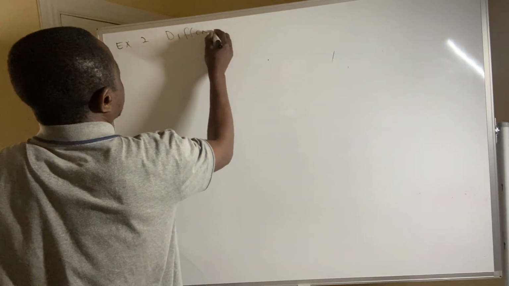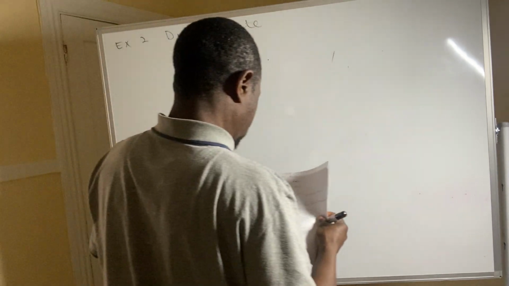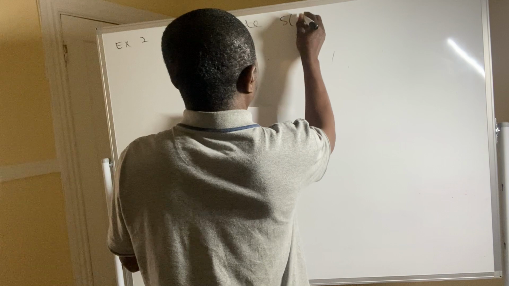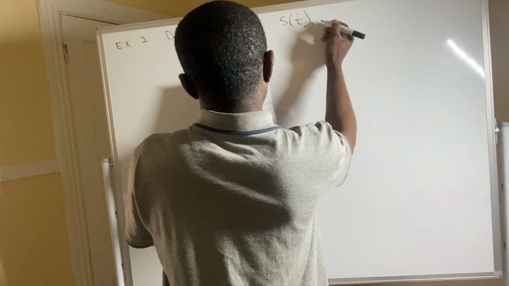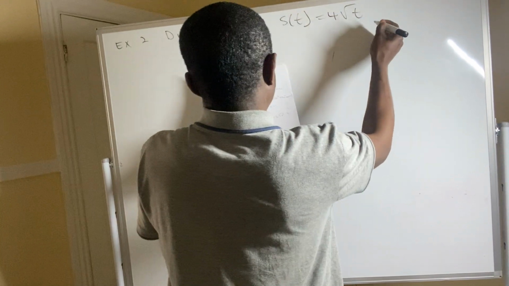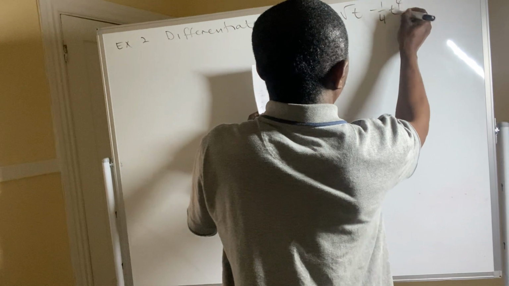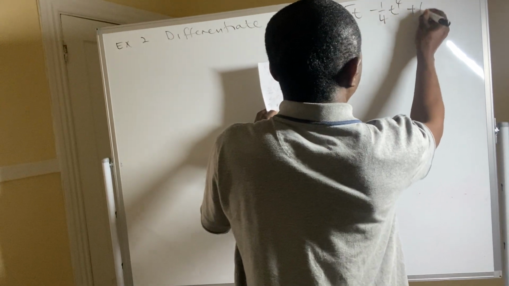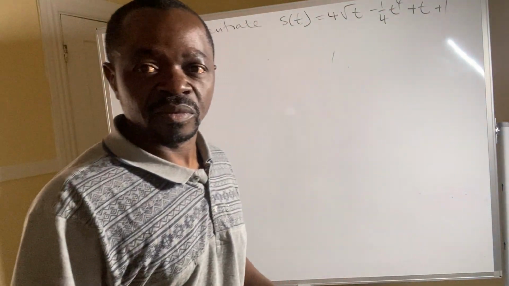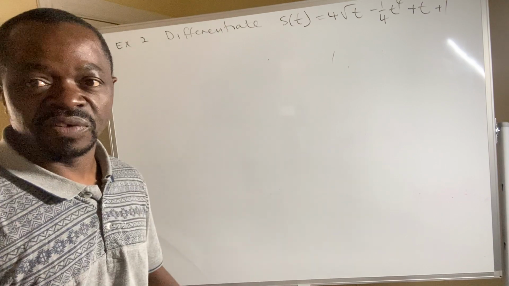Differentiate s of t is equal to 4 root of t minus 1 over 4 t to the power 4 plus t, then plus 1. All right, so let's differentiate this.